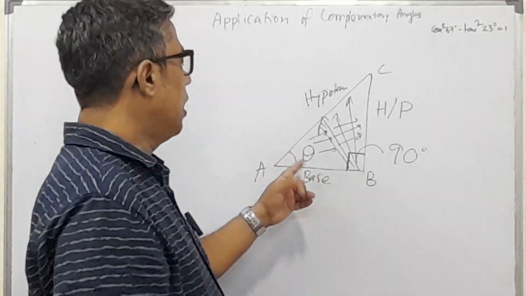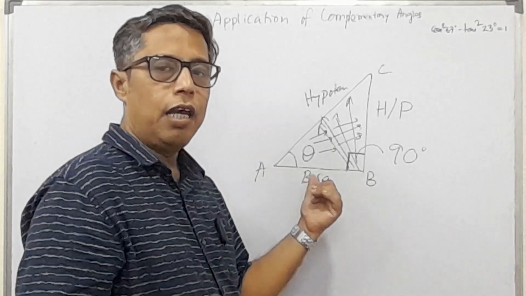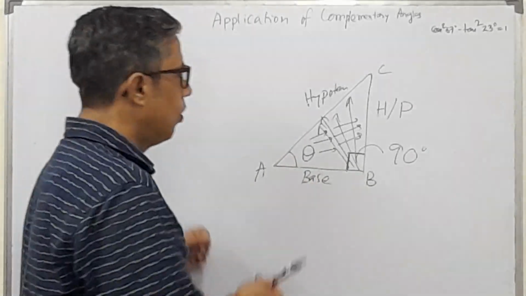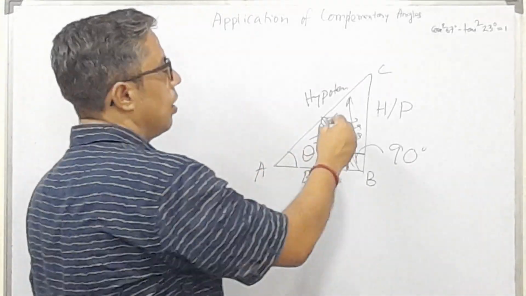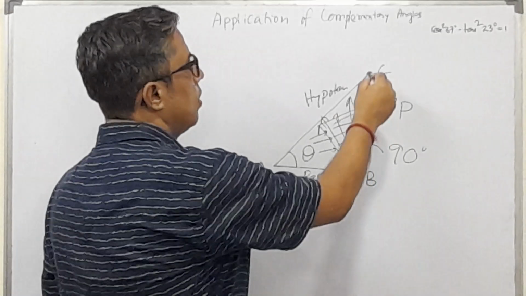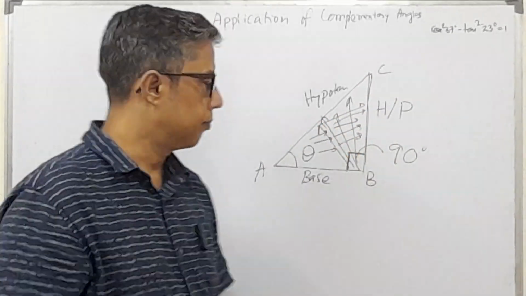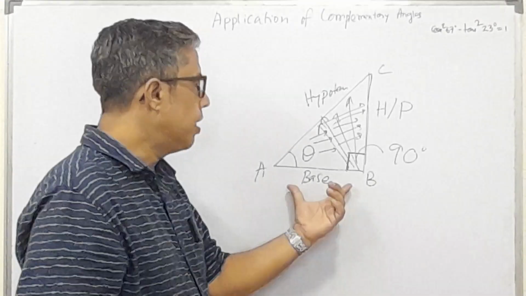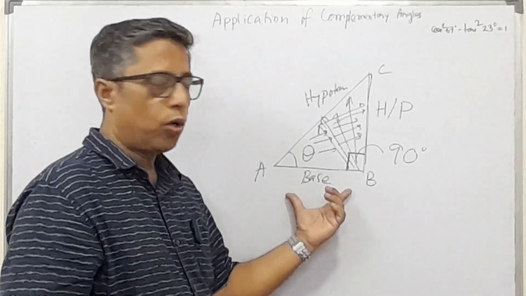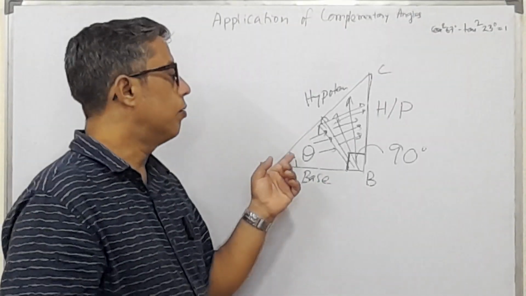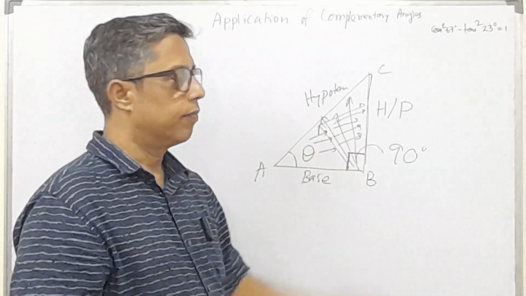Now if I am taking this as theta, and I am putting a torch from here, the light will go here. So this will be the height or perpendicular of this triangle, and this will be the base, from where we are standing and putting the torch in front.